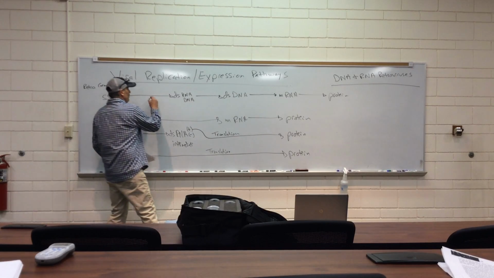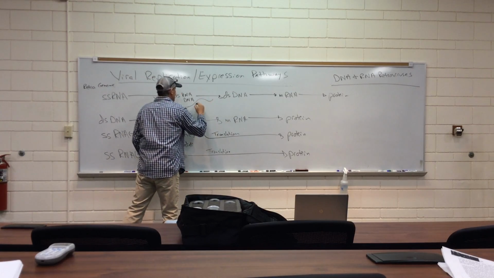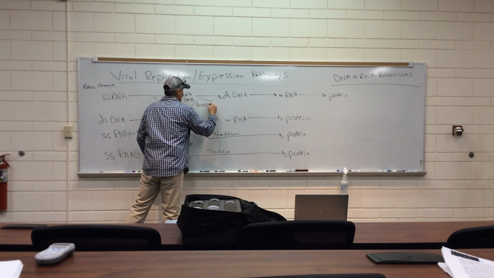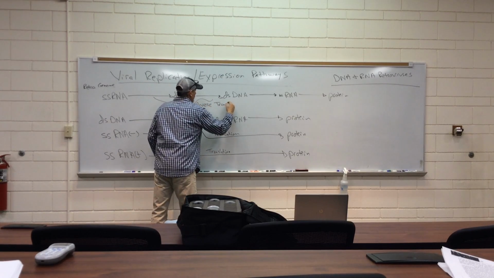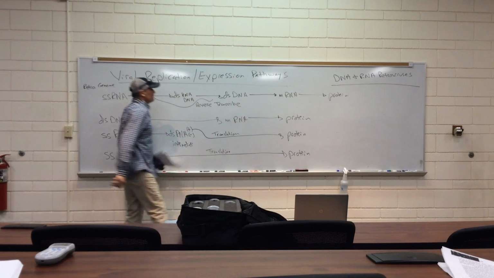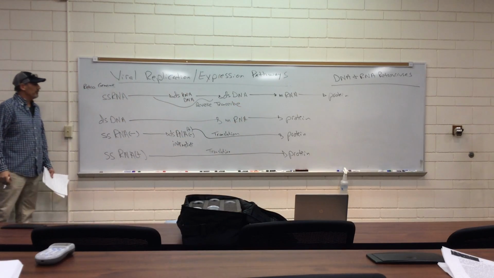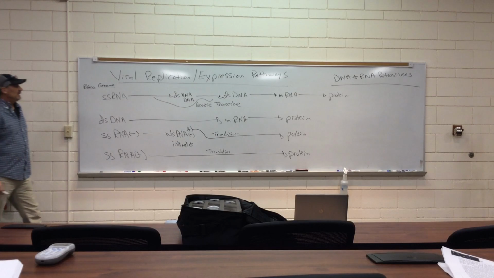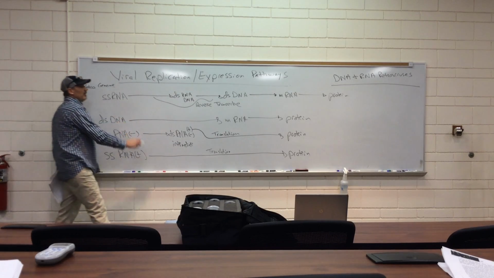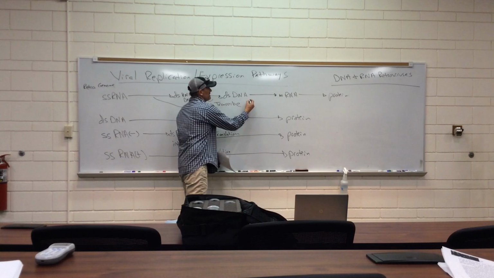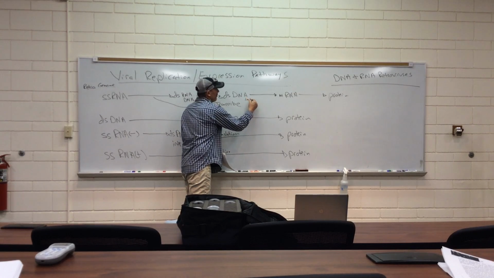In this process we go backwards. We use this viral enzyme called reverse transcriptase. It takes a single-stranded RNA and eventually makes this double-stranded DNA intermediate.